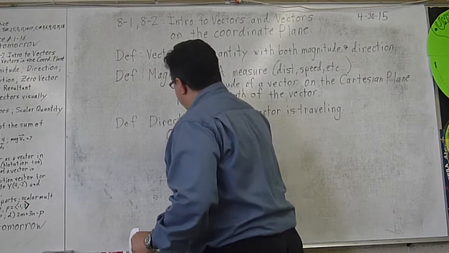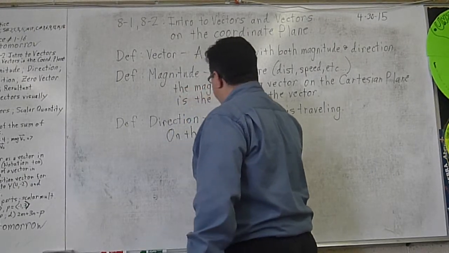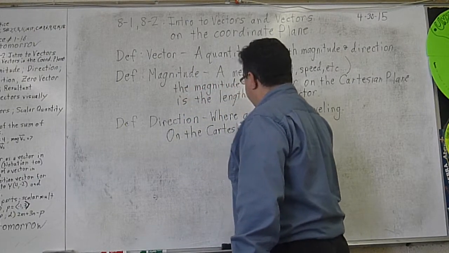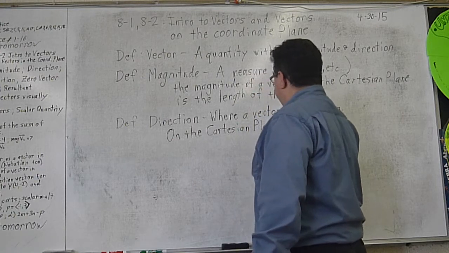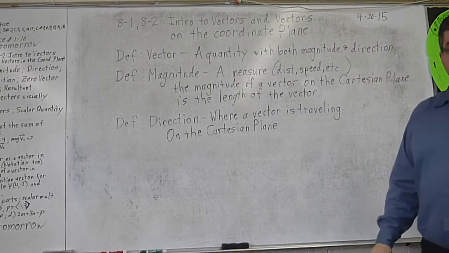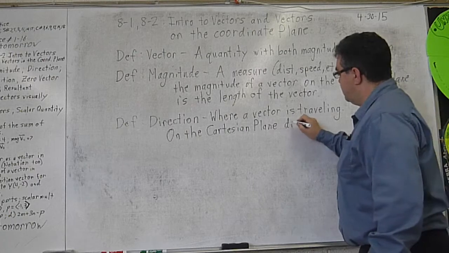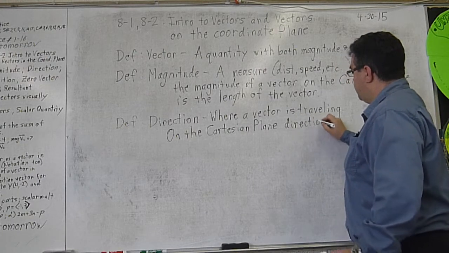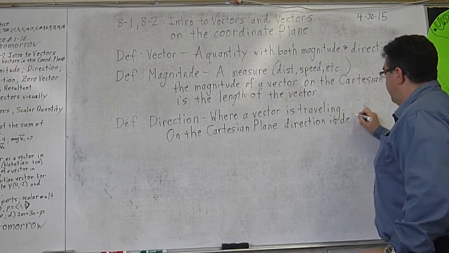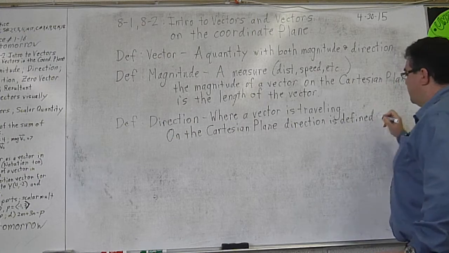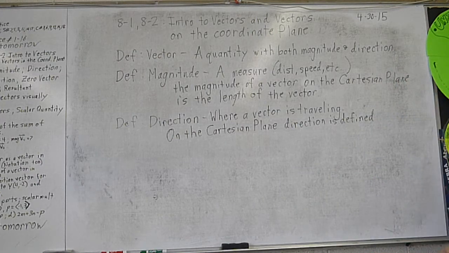But on the Cartesian plane, direction is defined by, guess what? By magnitude, by vector, by speed, by measure, by distance.